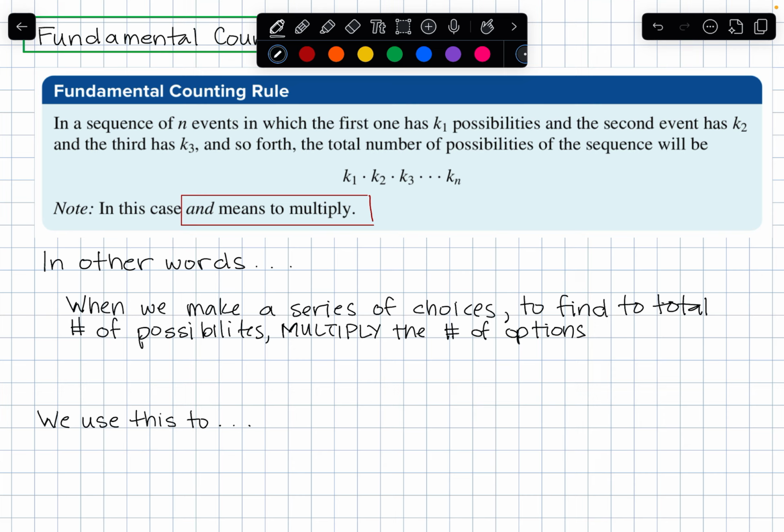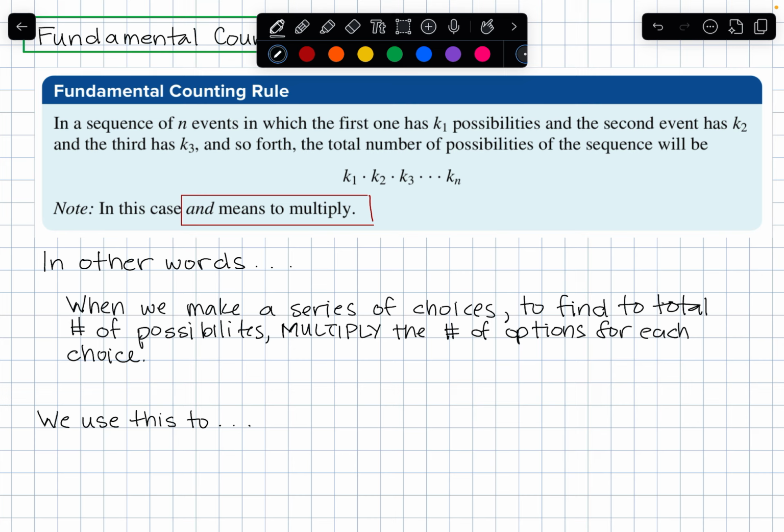And we're going to do a couple of examples, but first I want to talk about why we use this. So in the last video, we learned that in order to calculate probability, I need to know the size of my sample space, the total number of outcomes, because that's the bottom of my probability fraction.